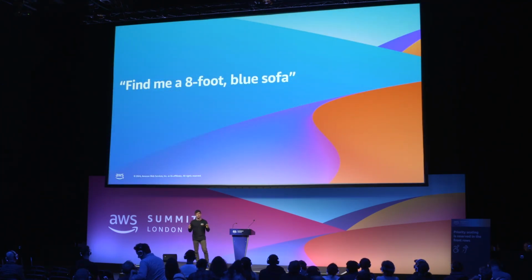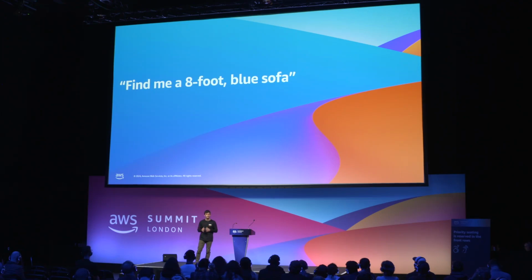You're going to see it much clearer when we see an example. So let's imagine a first scenario in which you have a user that is looking for a new piece of furniture for their living room. In this first scenario, we have it very clear that they want an 8-foot blue sofa, and that's what they're looking for. In this scenario, when you know exactly what you're looking for, it's a great example for lexical search.